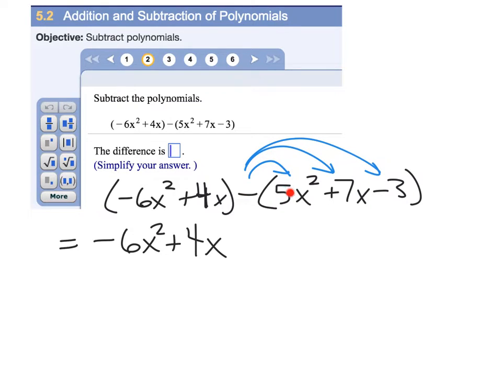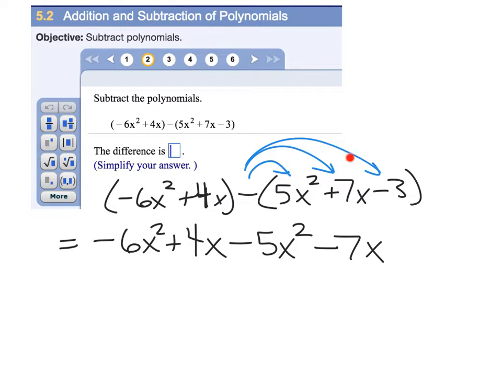So this guy is positive, so distributing this negative makes this guy negative 5x squared. Distributing the negative makes this guy negative 7x, or minus 7x.